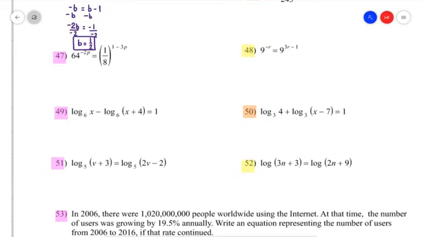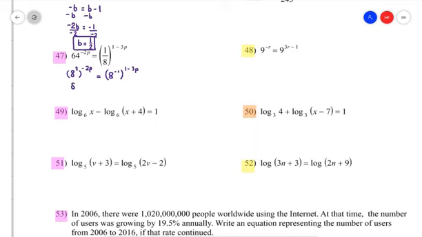And then number 47, the same thing. We want to get them to the same base, which I know that 64 is 8 squared. So I can change this to 8 squared to the power of negative 2p. And 1 over 8 is 8 to the negative 1 power, 1 minus 3p.